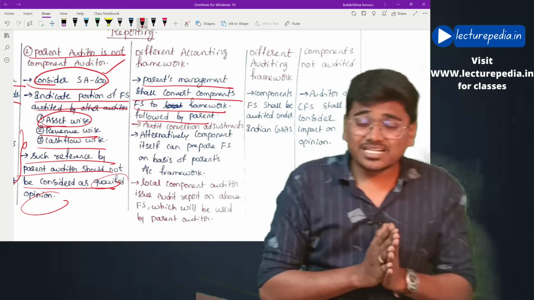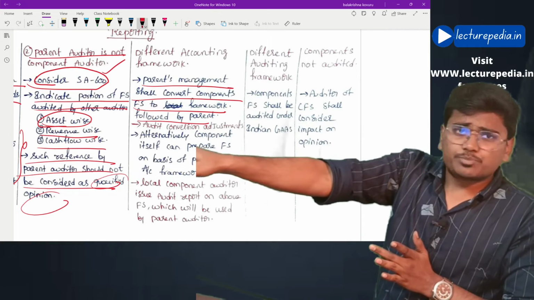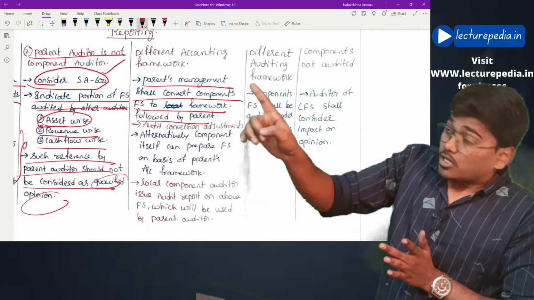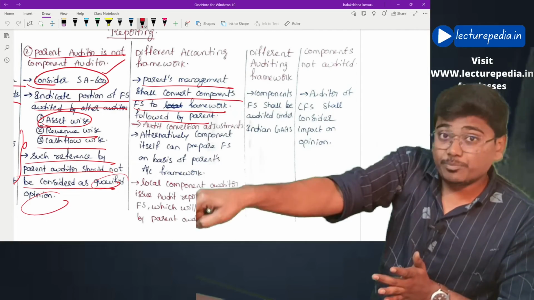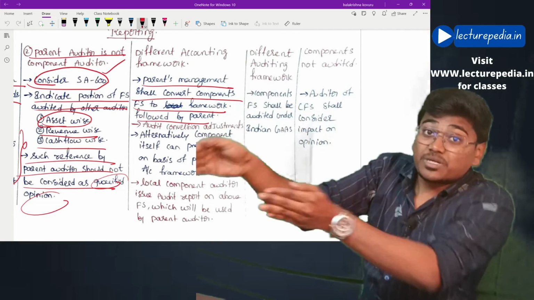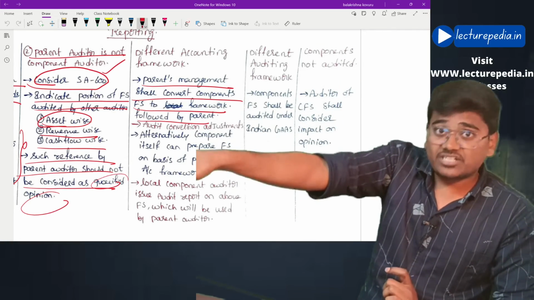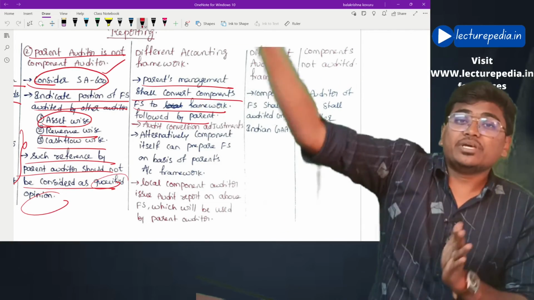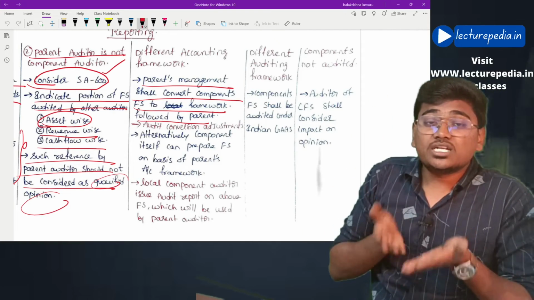And the second thing that can be done: the component has prepared its financial statements as per another framework. Now, the component itself can again prepare the financial statements as per the framework being followed by the parent entity and get its financial statements audited by the auditor, and that audit report can be given to the auditor of the consolidated financial statements and he will use that audit report.